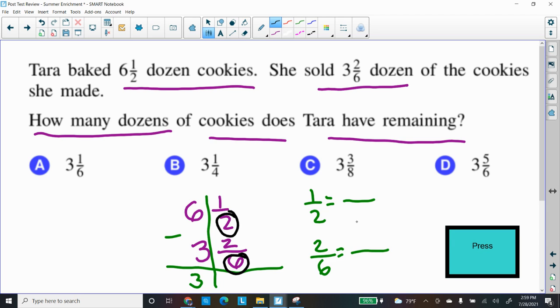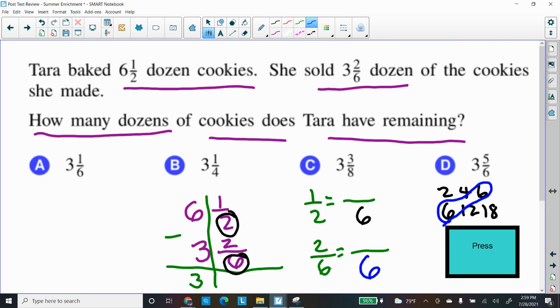My common multiple would be 6, because if I count by 2s, 2, 4, 6, that's a common denominator I run into when I start counting by 6: 6, 12, 18. My lowest common denominator is 6. So that's why I'm going to change these to sixths.